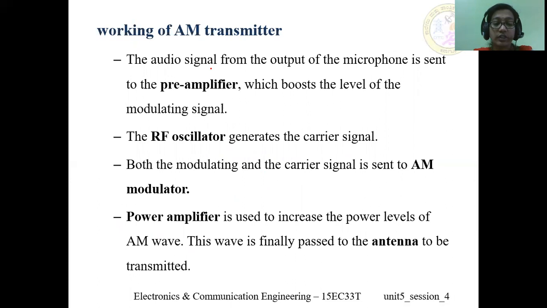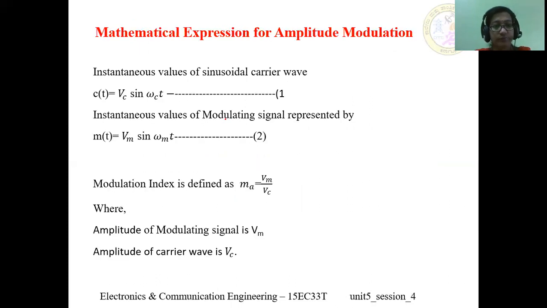The radio frequency oscillator generates the high frequency carrier. Both the modulating and carrier signals are sent to the AM modulator. Then the power amplifier is used for amplifying this modulated AM wave, which we finally pass through the antenna. This is how the AM transmitter works.